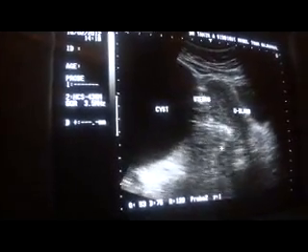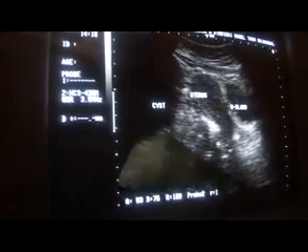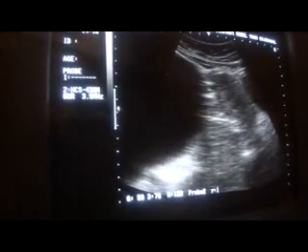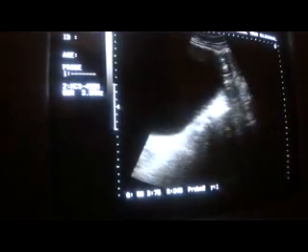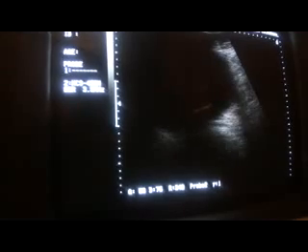And now if I follow the cyst, you see this is a huge cyst that is extending from the region of the right adnexa in the midline up to the umbilical region.